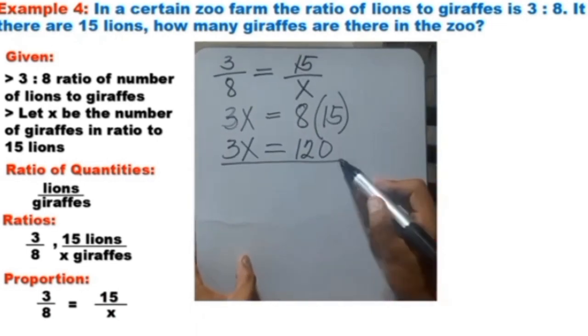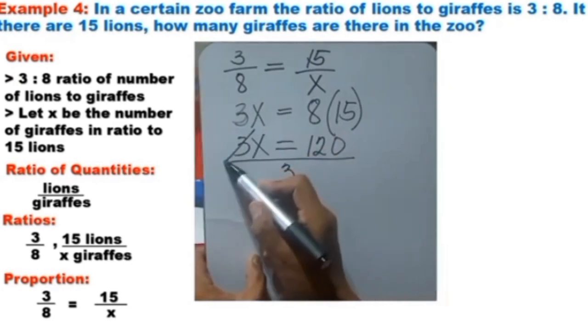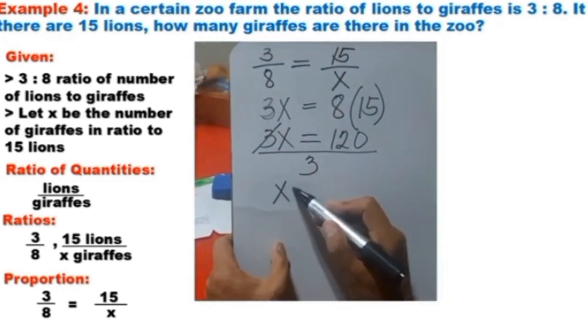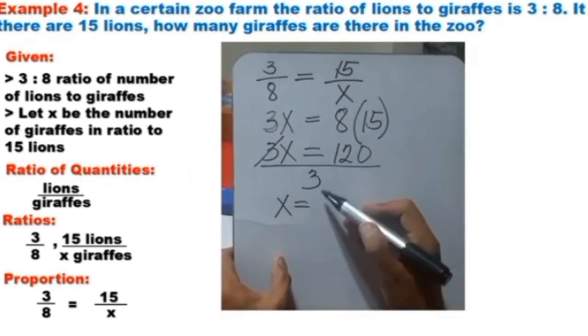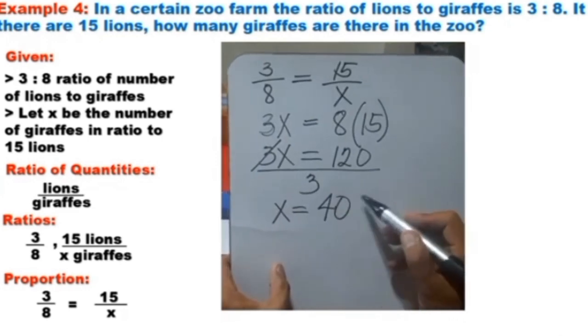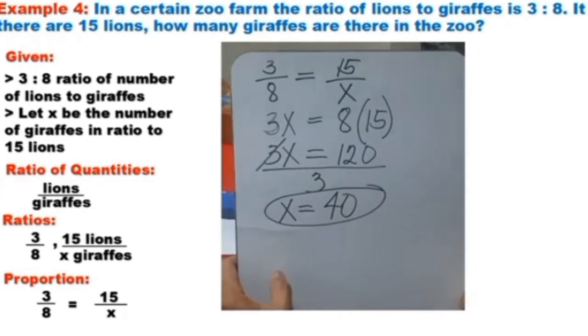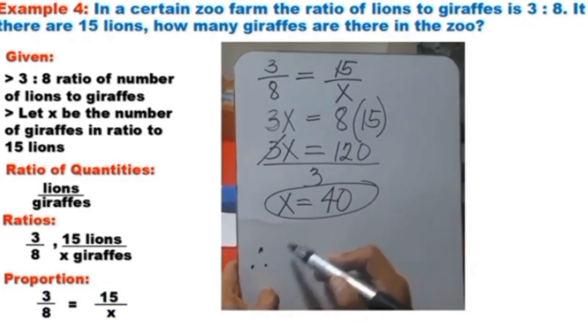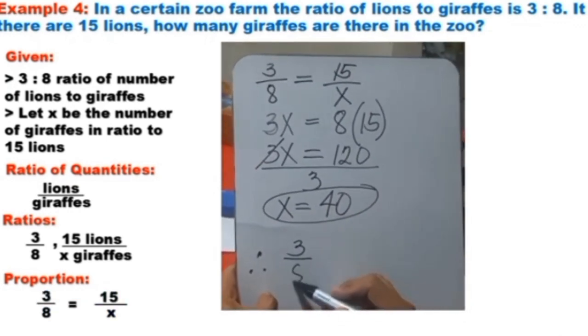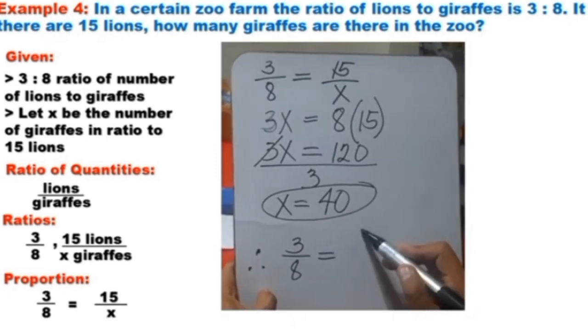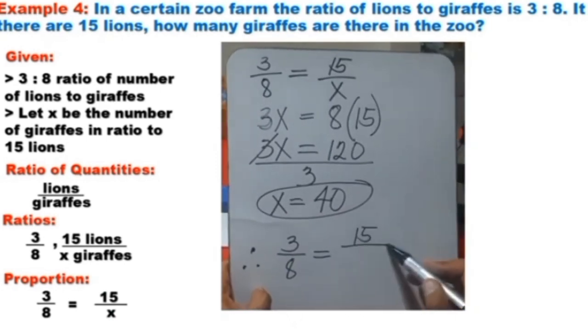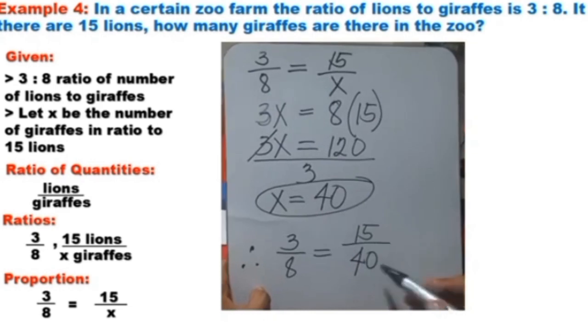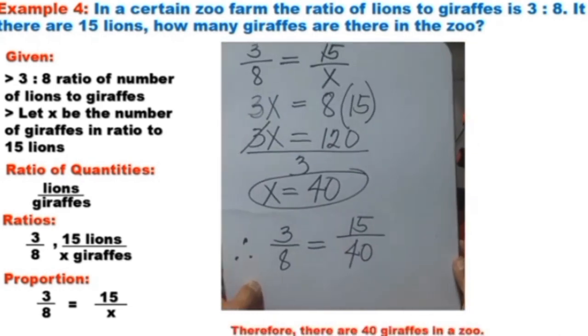Divide both sides by 3 to remove the coefficient 3, so we have X equals 120 divided by 3, which is 40. So therefore, the proportion is 3/8 equals 15/40. Therefore, there are 40 giraffes in the zoo.